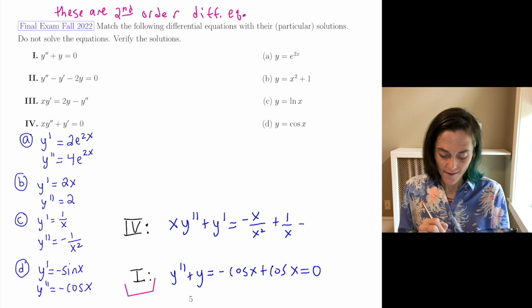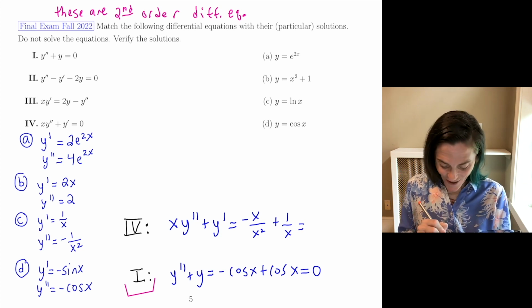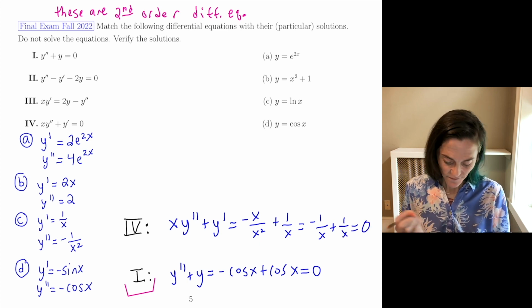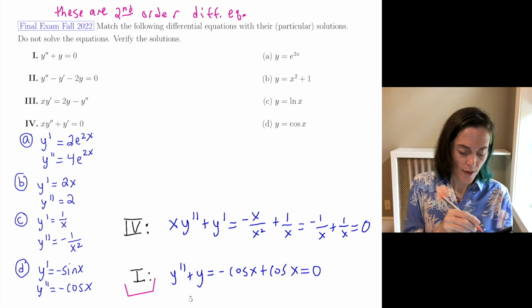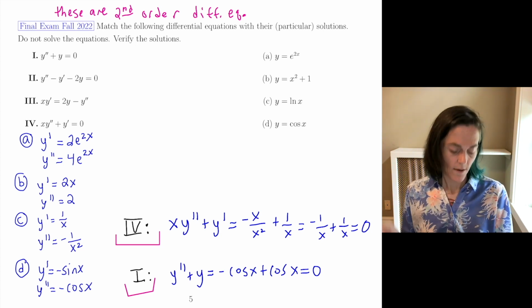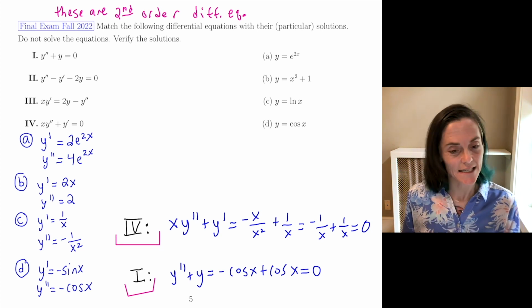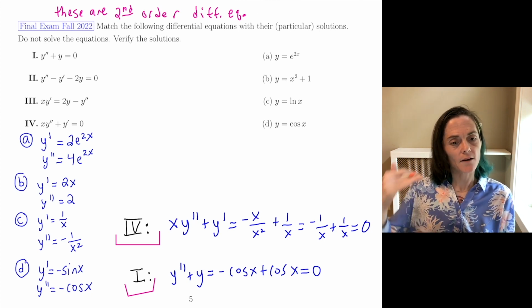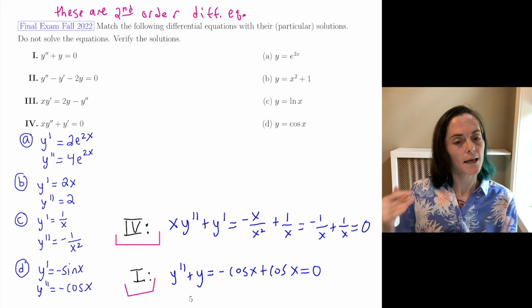You see, this is minus 1 over x plus 1 over x, which is 0. Very nice. So number 4 corresponds to letter C. Okay, now we have 2 left. We have 2 and 3.